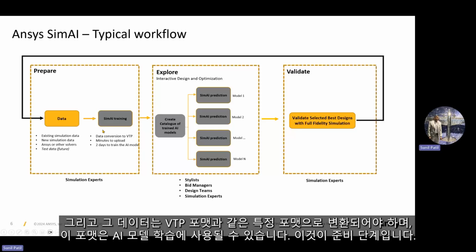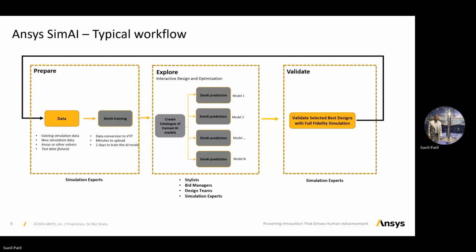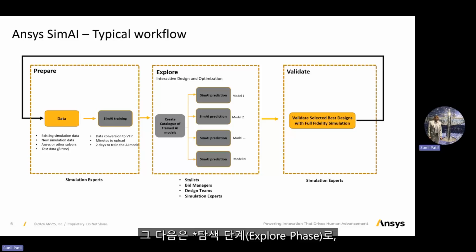And that data needs to be converted into a certain format, such as a VTP format. And that format then can be used for training an AI model. So that's the prepare phase.